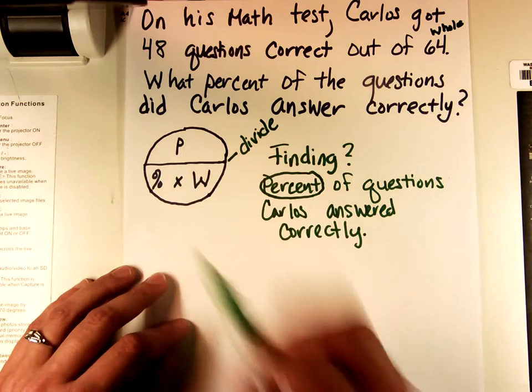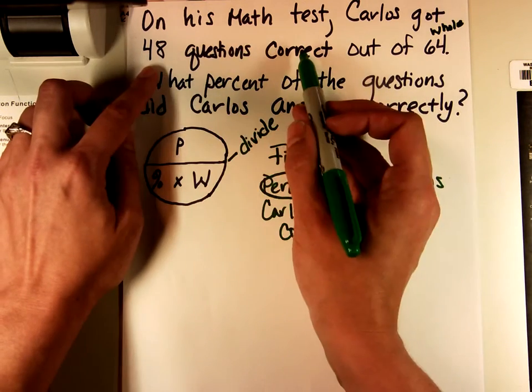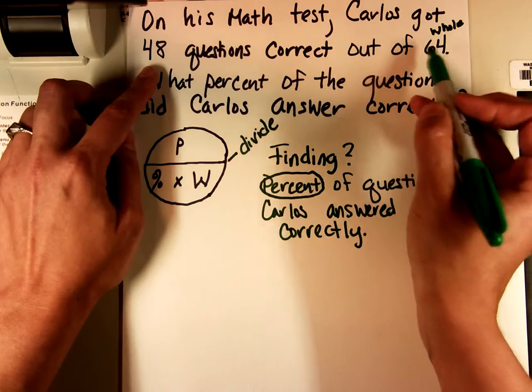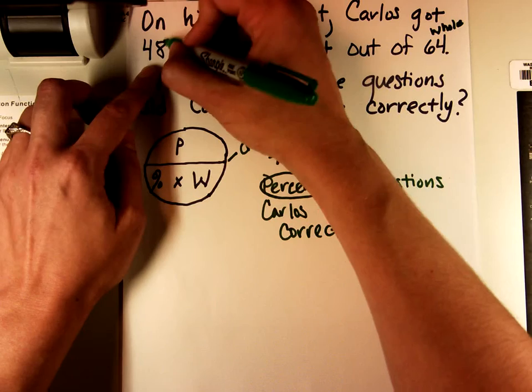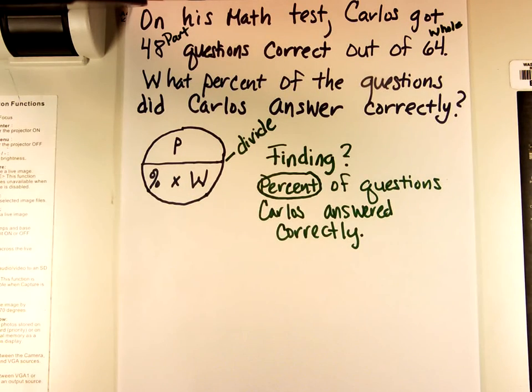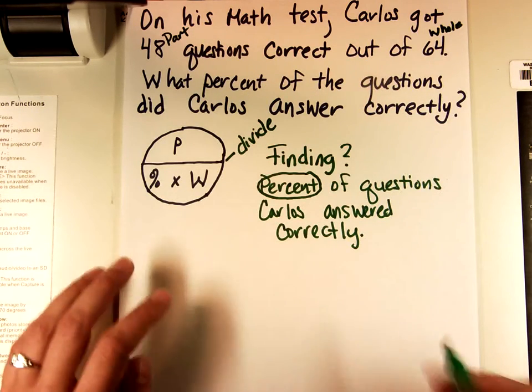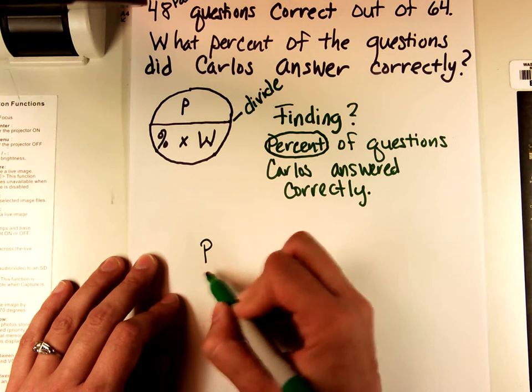So the part is right here, and this makes sense. 48 questions correct. Well, he got 48 of the 64. 48 is part of the 64. So now I've identified the information that I have to work with, and I know that my strategy is that I'm going to take the part and divide it by the whole.